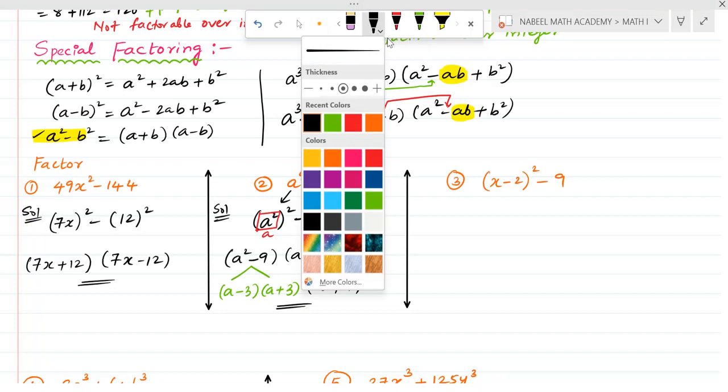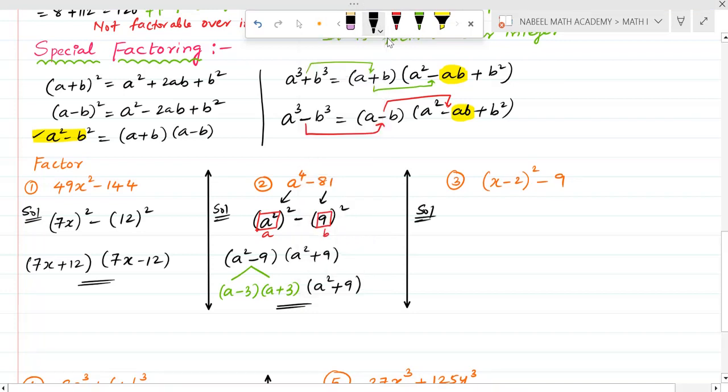Now the next one here, the whole thing is my a, and this I can write as 3 square. The b is 3 here. So I can rewrite this one more step. I can write it as x minus 2 whole square minus 3 square.